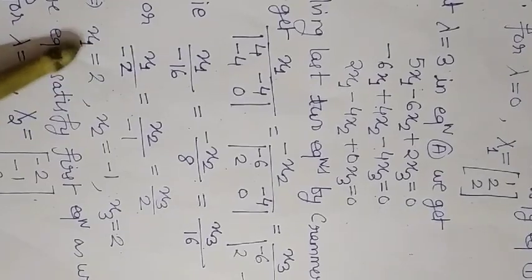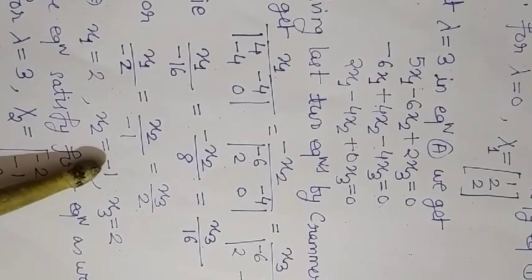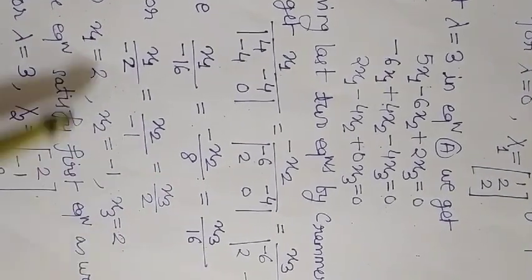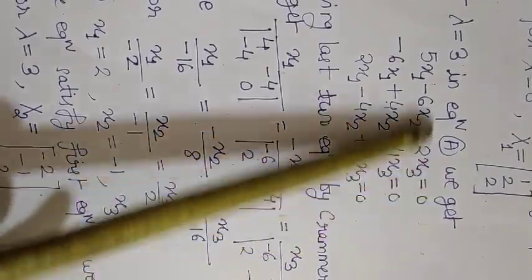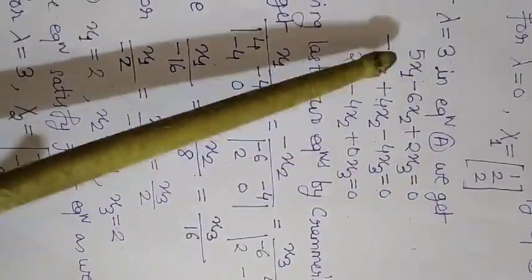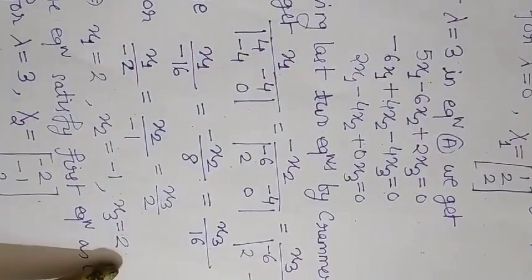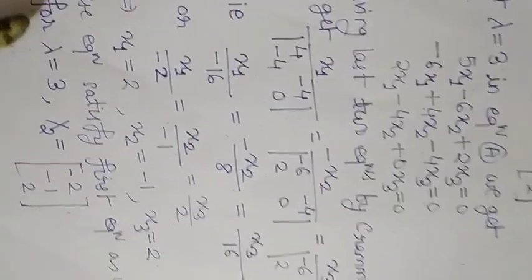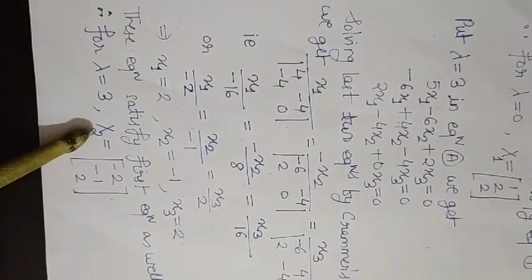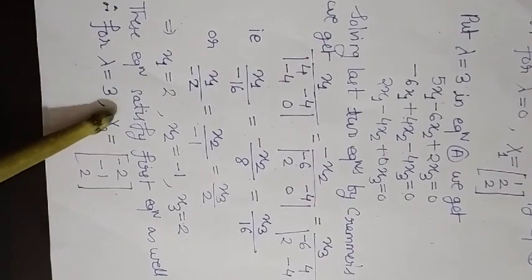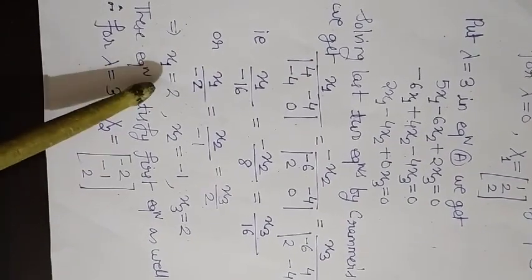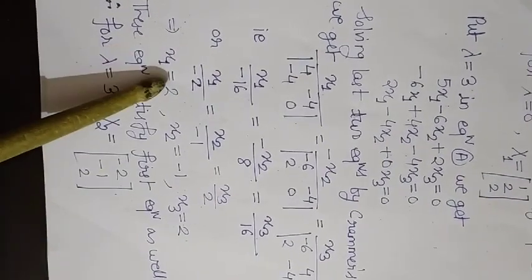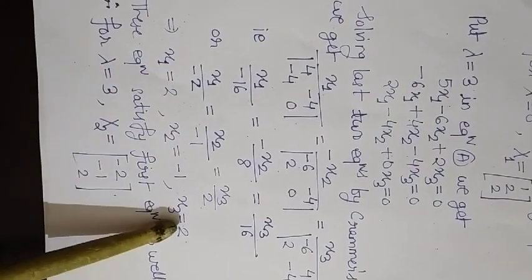So we have x1 equal to minus 2, x2 equal to minus 1, x3 equal to 2. Again these values satisfy the first equation also, right? So therefore the values obtained are correct. Now for lambda equal to 3, we have second eigenvector which we denote by x suffix 2. So that is minus 2 minus 1 2.